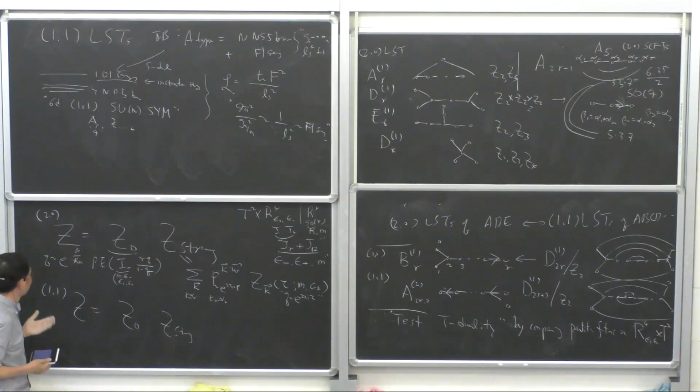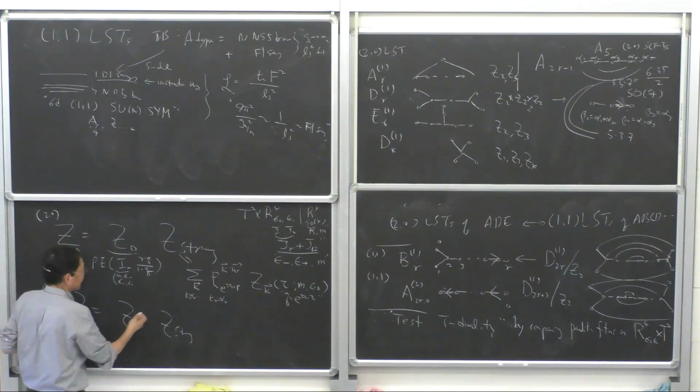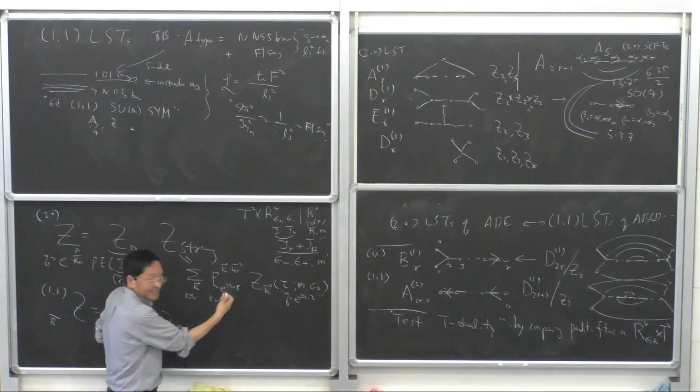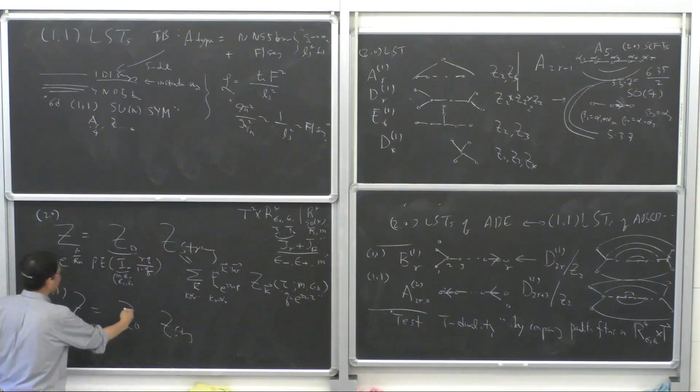Now for the (1,1) theory, you compactify on a circle, and KK momentum on this side is a winding mode on the other side, so it becomes the perturbative part.